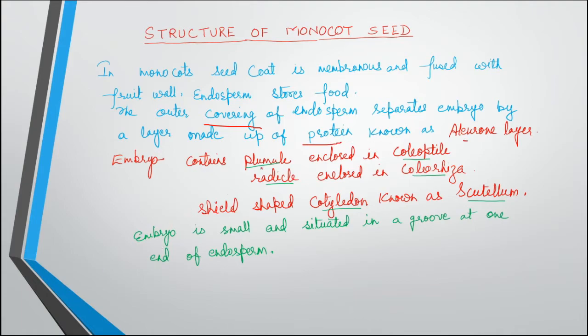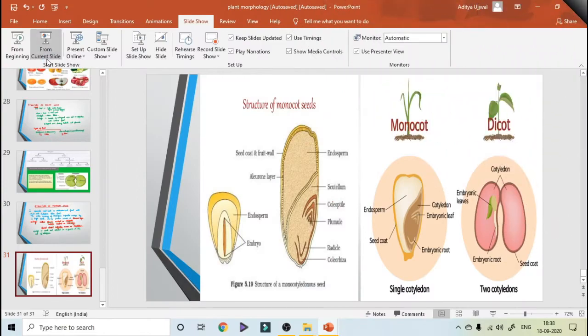The embryo contains the plumule, which is enclosed in a sheath-like structure known as coleoptile, and the radicle enclosed in a sheath-like structure known as coleorhiza. The shield-shaped cotyledon is single in number and is also known as scutellum. The embryo is small and situated in a groove at one end of the endosperm. This is all about the structure of the monocot seed.